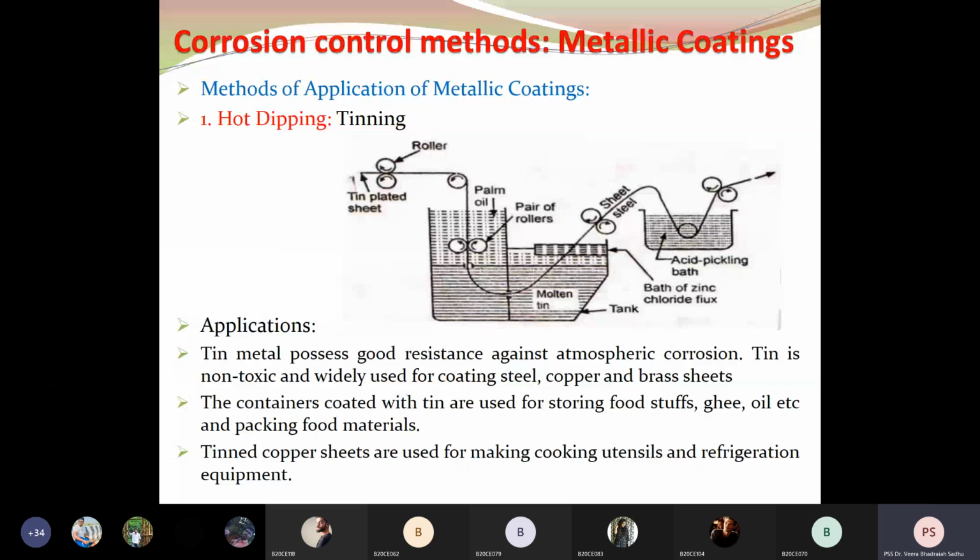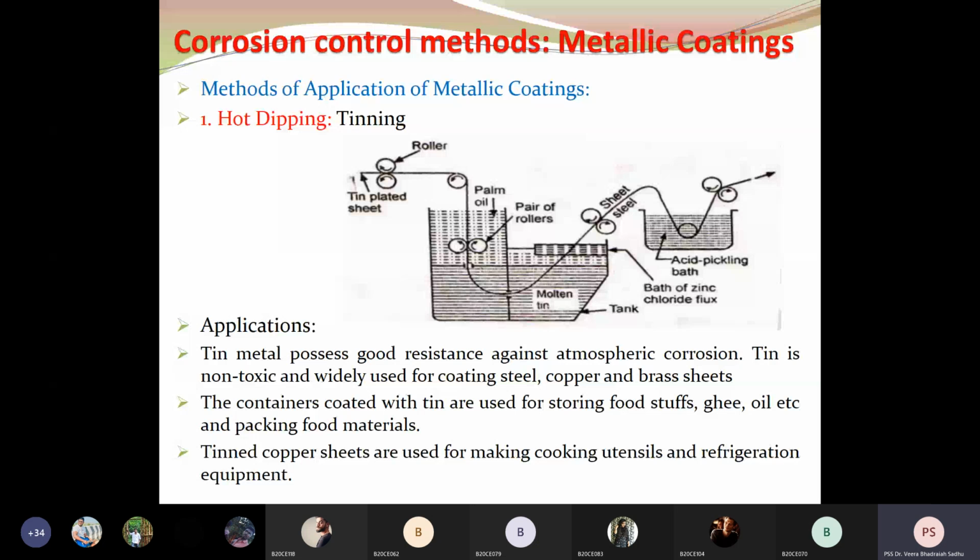So what are the applications of tinning? Tin metal possesses good resistance against corrosion. Tin is non-toxic and it's widely used for coating steel, copper, and brass metals, that is, metals and metal alloys. Containers coated with tin are used for storing foodstuffs, also ghee, oil, and packing food materials.